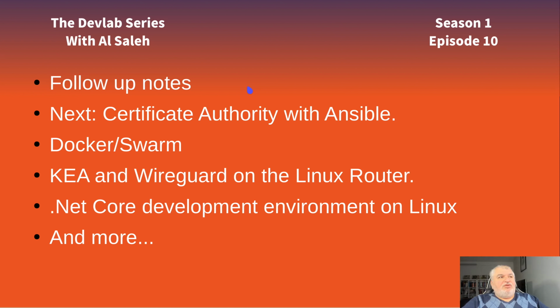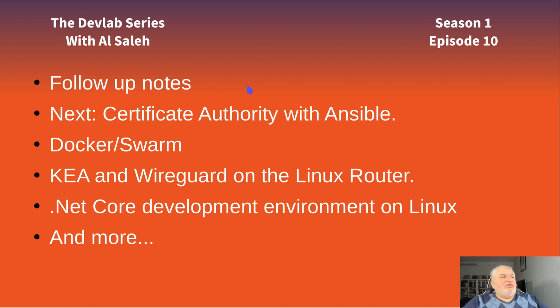In the next episode, we will do a certificate authority with Ansible, and that will be really hardcore OpenSSL. Then I will answer the question from Imtiaz Ali in the comments. He asked about Docker and Swarm, and I will try to do that. I never did Swarm before.